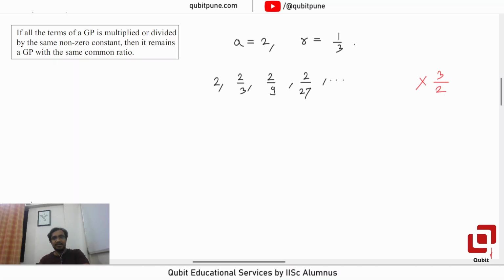Then what is the new sequence I'm going to get? 3, then 1, then 3 by 9, that is 1 upon 3, then 1 upon 2, then 3 by 4 and so on. Is this the GP with the same common ratio as the previous one? Yes, 1 by 3 here, 1 by 3 here.